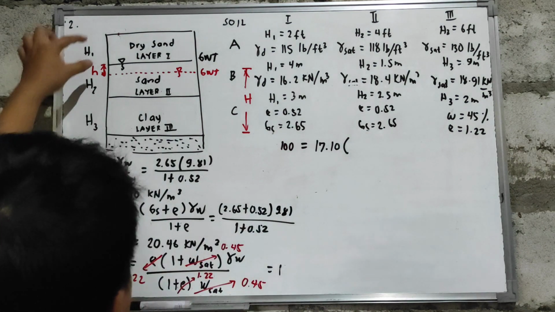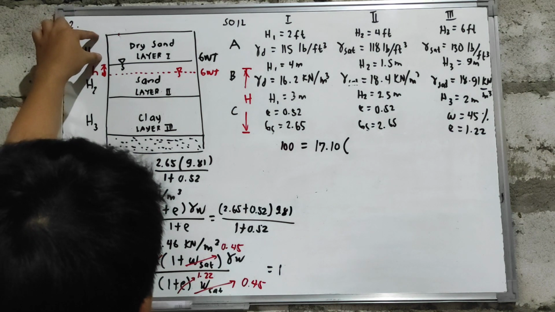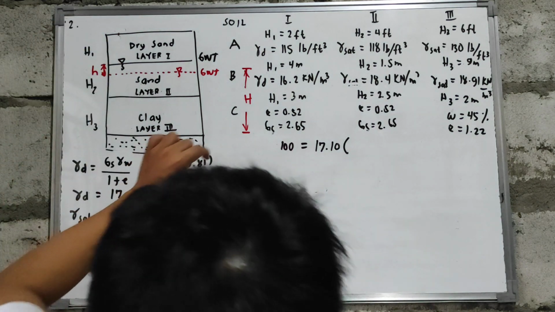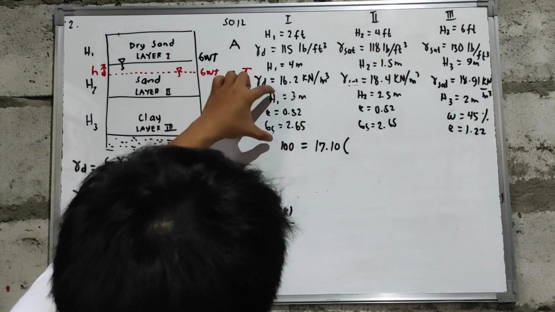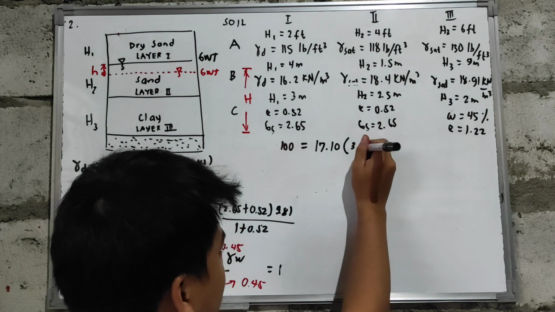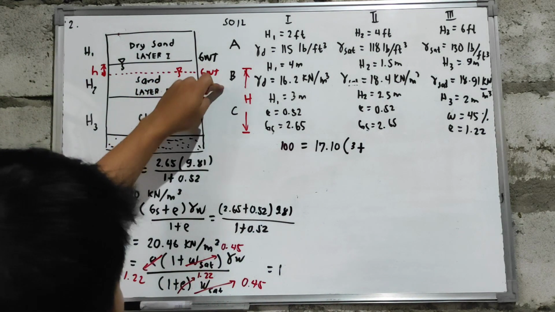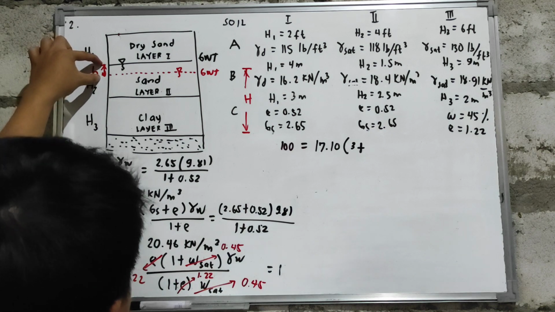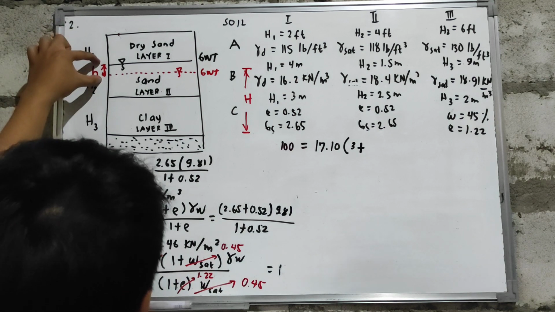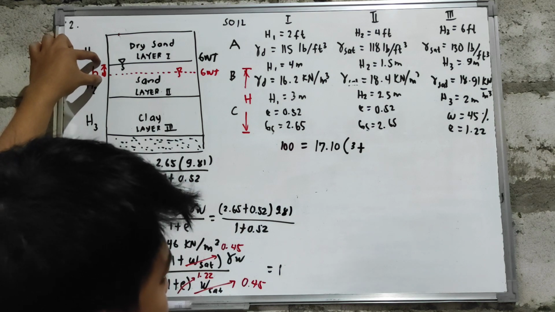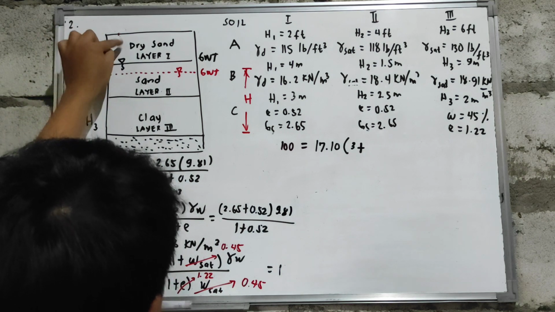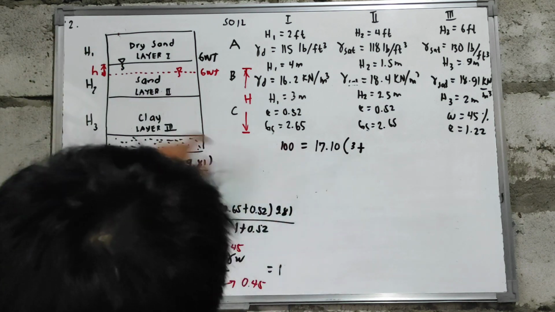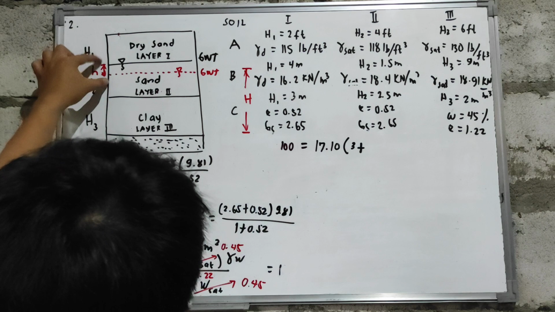So you have 17.10 multiplied by, so yung height niya, we have h sub 1. So yung h sub 1 natin, referring to problem C, or sa soil C natin, we have 3 plus h. Kasi binaba natin yung groundwater table, etong soil layer natin sa layer 2 na merong height na h, magiging dry yan. So since parehas naman silang sand, ilalagay na lang natin dito para isahan na lang yung computation.